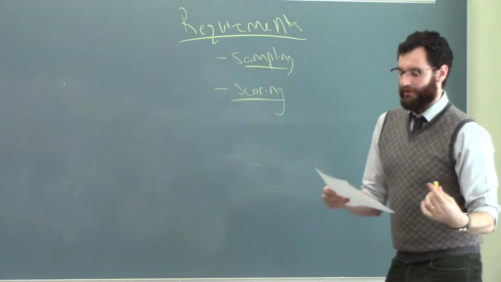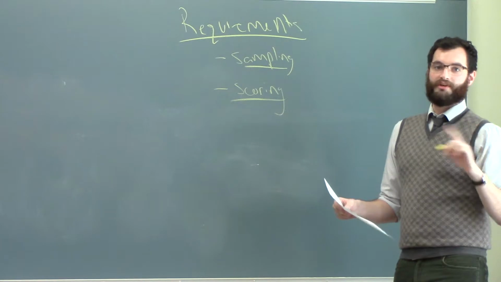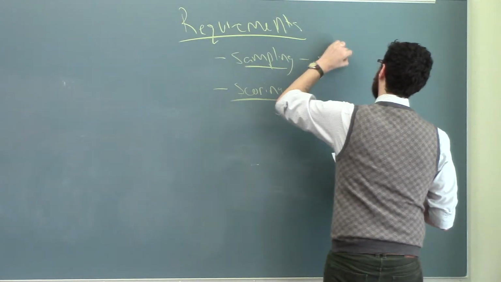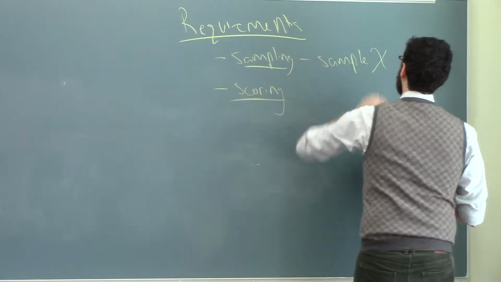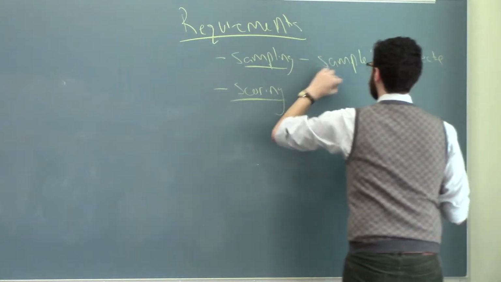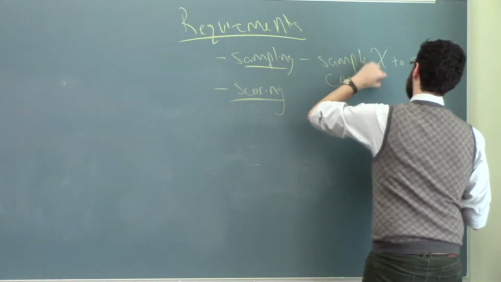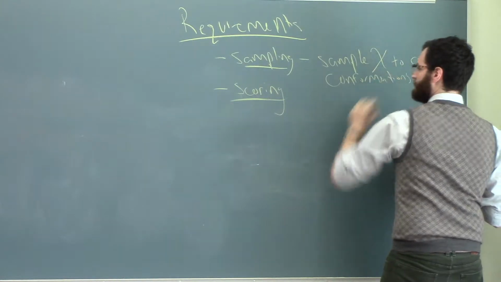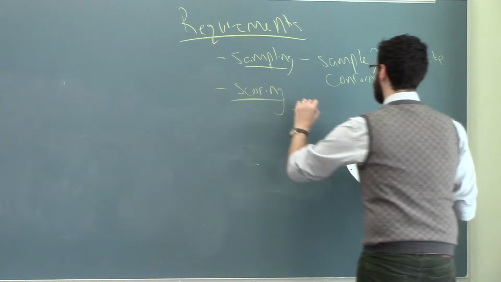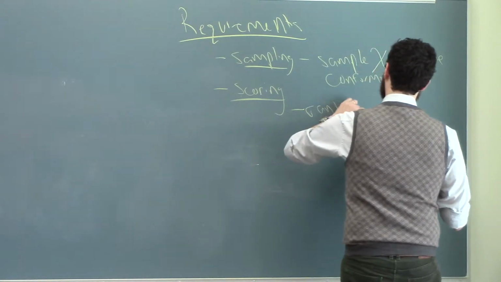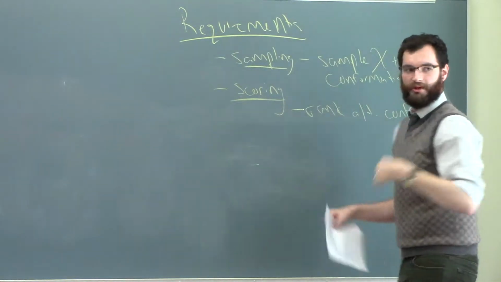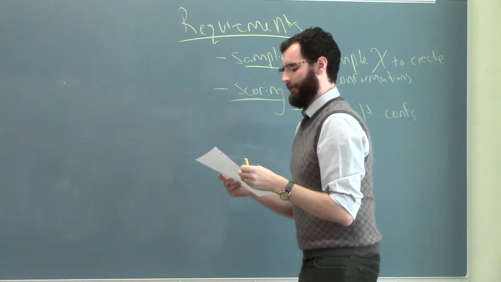Sampling is going to create conformations, and typically that's going to be done by sampling chi angles. And for scoring, we need to rank the alternate conformations, and then we need to pick the best one needed to model.